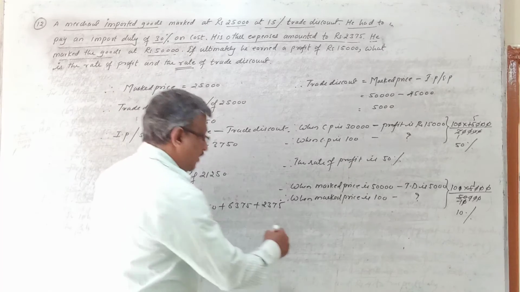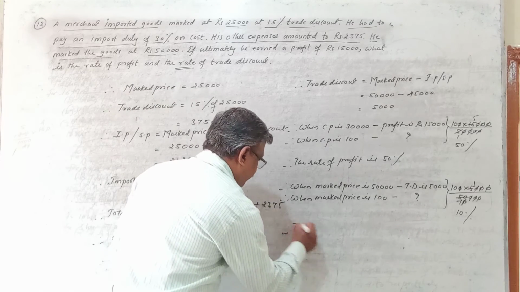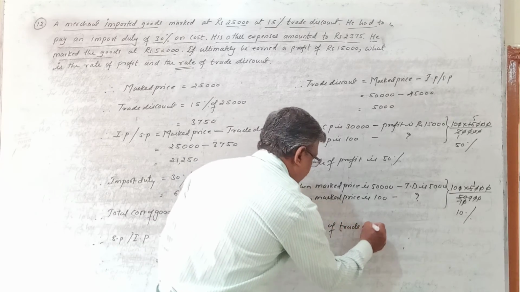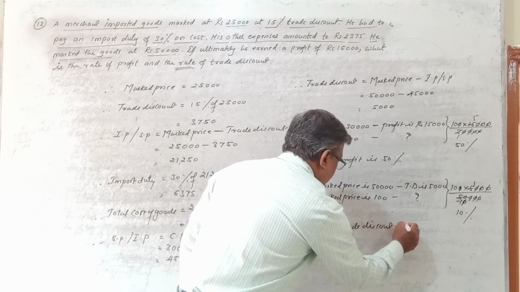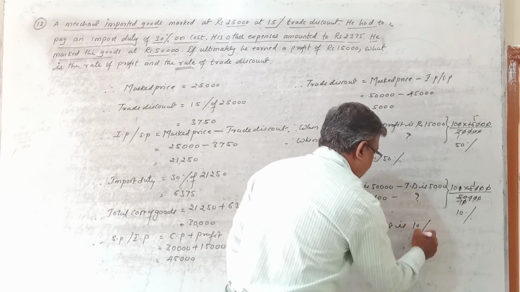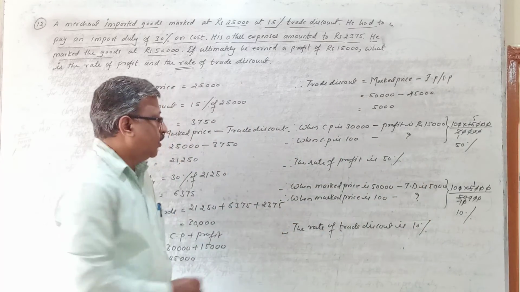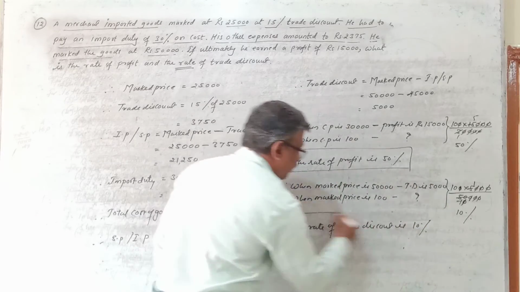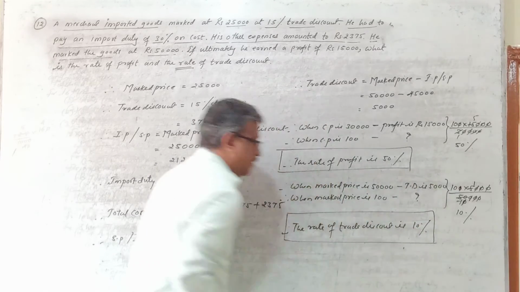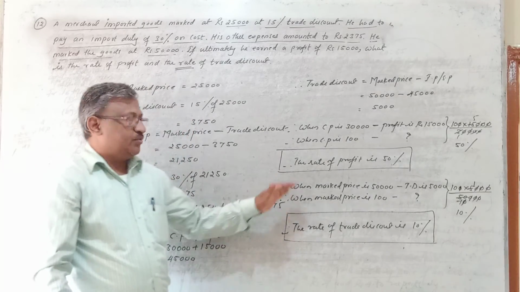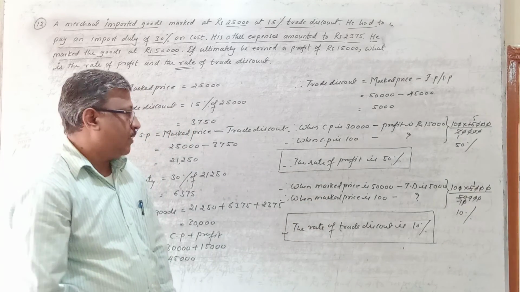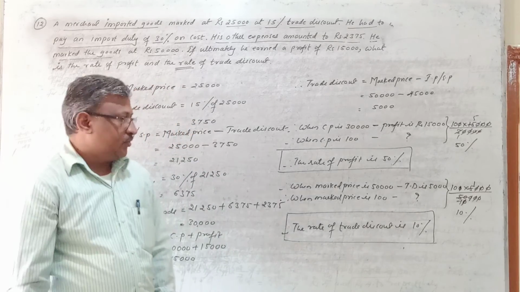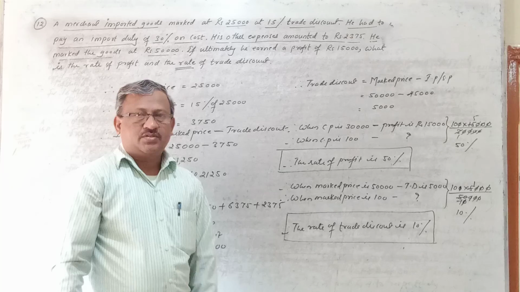So below that you can write, therefore the rate of trade discount is 10%. Like this, you will come to know the rate of profit and the rate of trade discount. This is how you have to find them out. I hope it is clear to you all.